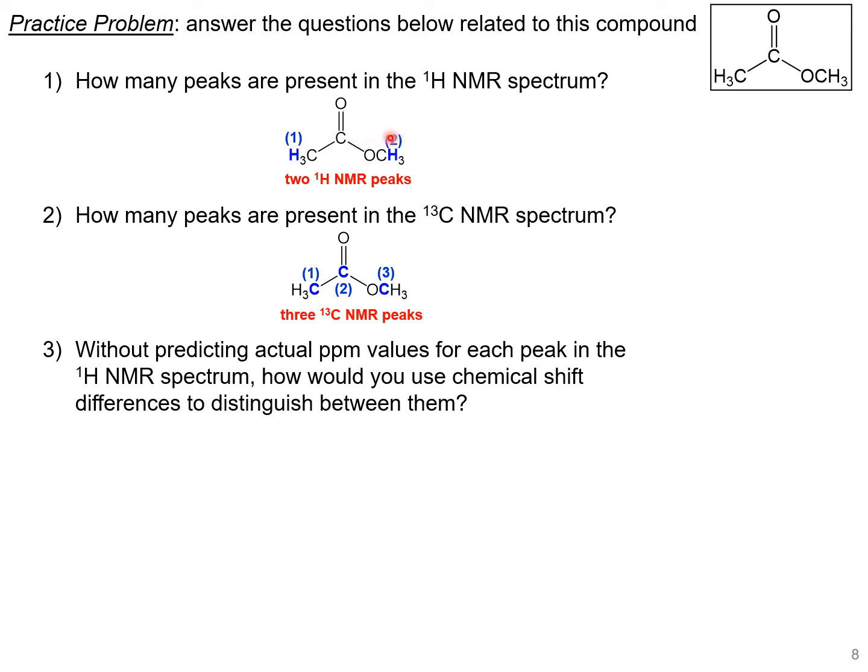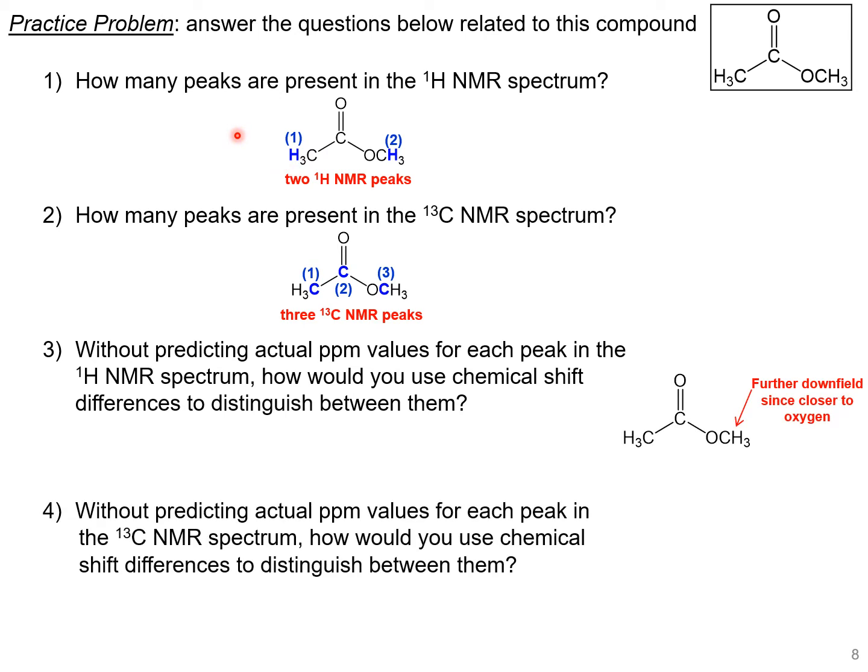The hydrogens on the carbon attached to oxygen you would expect to be further downfield than these hydrogens. So that's how you're going to be distinguishing between those two peaks. You can actually identify those two peaks based on your knowledge of chemical shift.